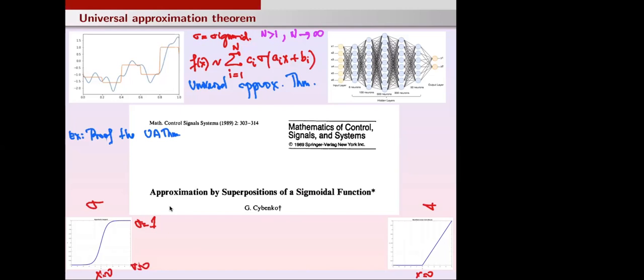Well, I apply Hahn-Banach. Right? Hahn-Banach says, assume this class of functions is not dense. Assume it is not dense. We do it by contradiction, right? So we argue by contradiction.